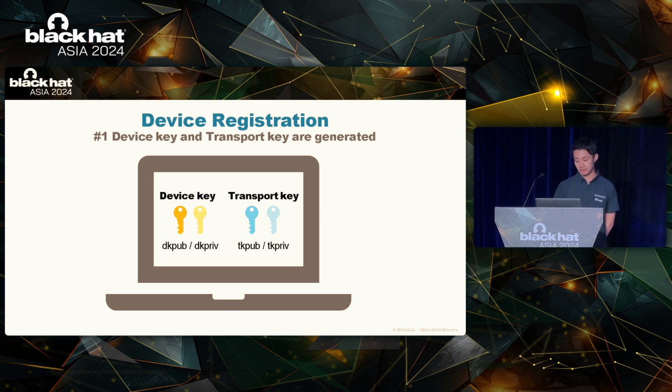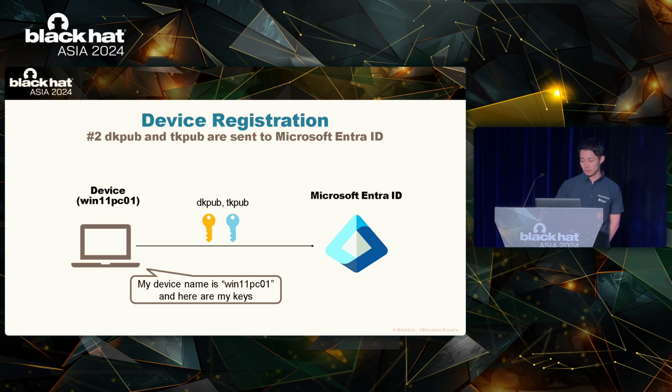One is the device key, and the other one is the transport key. Each of the key sets has its public key and also the private key. During device registration, the public keys of the device key and the transport key are sent to Entra ID and registered. After that, Entra ID can identify the device based on the usage of those keys during authentication.